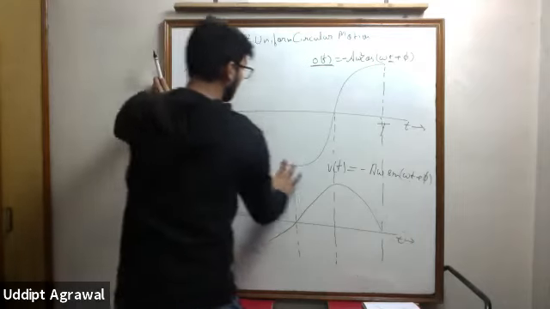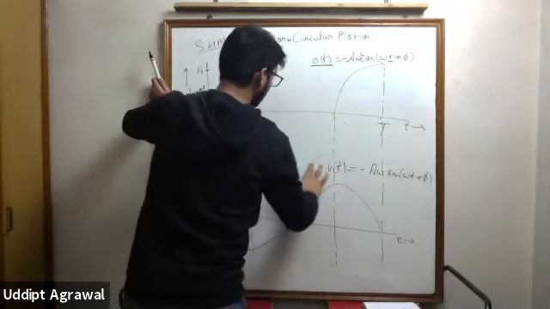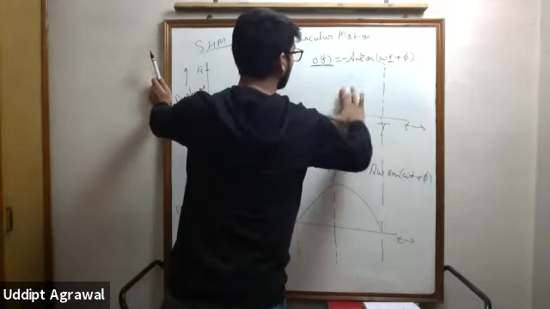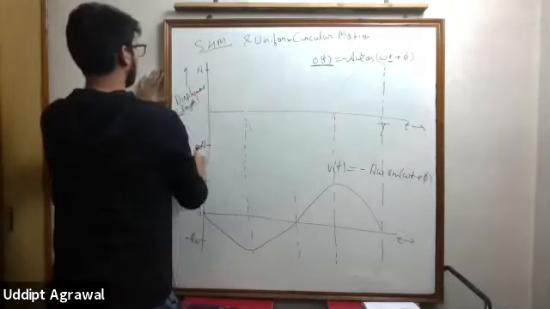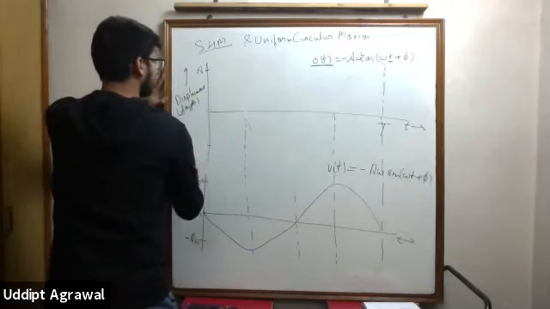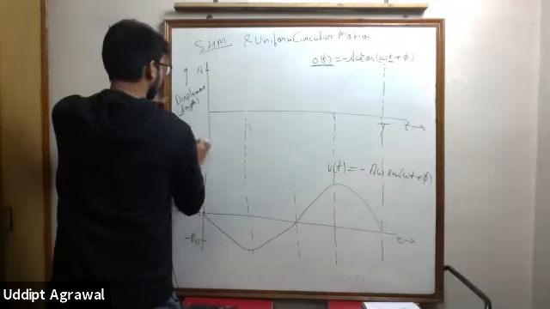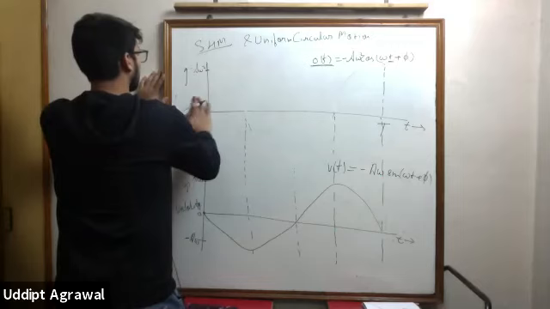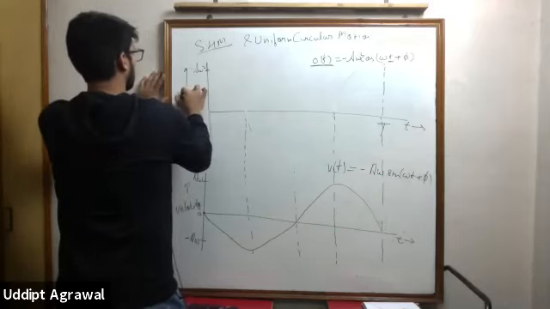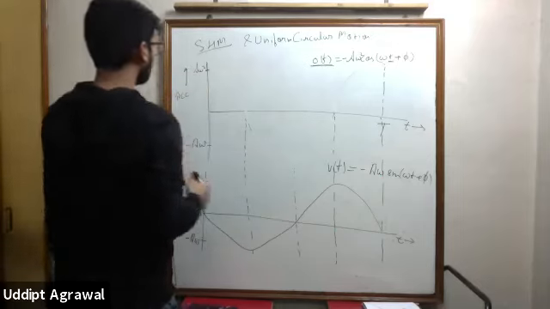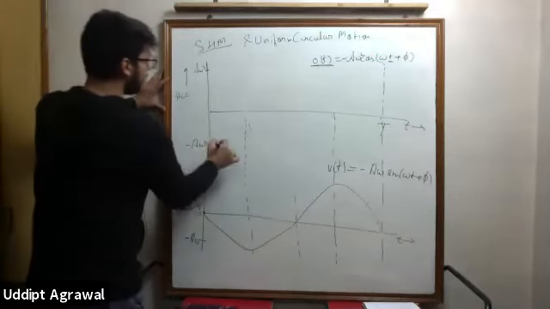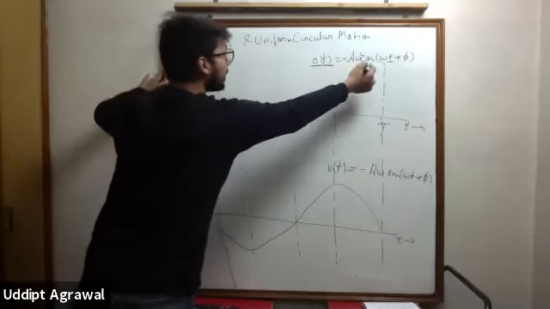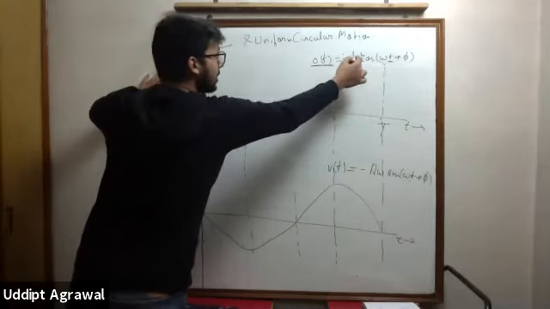Now, what will my acceleration graph look like? The shape will be opposite to the displacement one, but the maximum and minimum will change. Yes, the maximum and minimum have changed. The shape will be opposite because it will start from the minimum, because cos 0 is essentially minus a omega square.